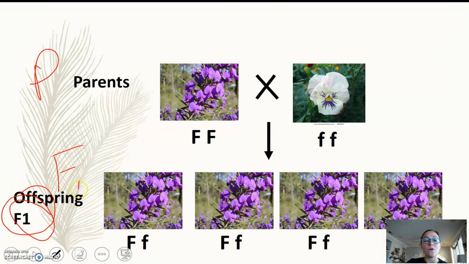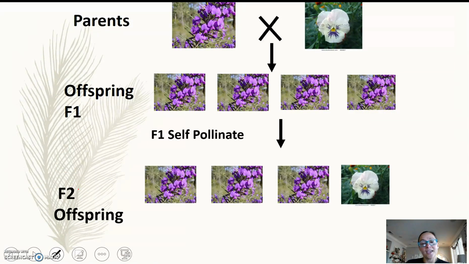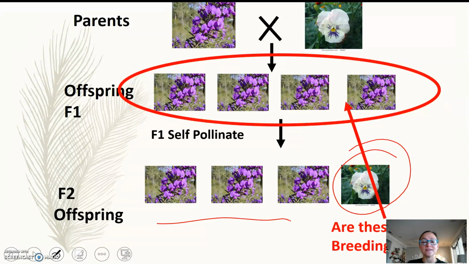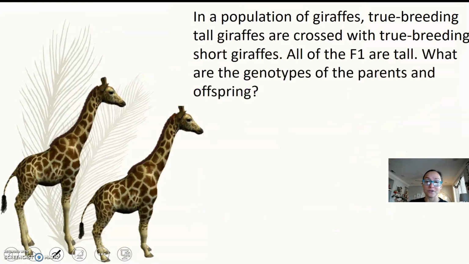This would be the F1 generation. And then if we let those cross, you have the F2 generation, which is kind of like grandkids. And you can see here we have that recessive phenotype. We also see that 3-to-1 ratio of 2 heterozygotes crossing. Now these are not true breeding, so you can see here it asks, are these true breeding? No, these are considered heterozygotes or hybrids.